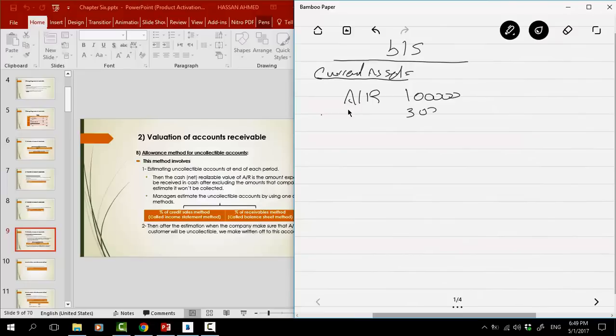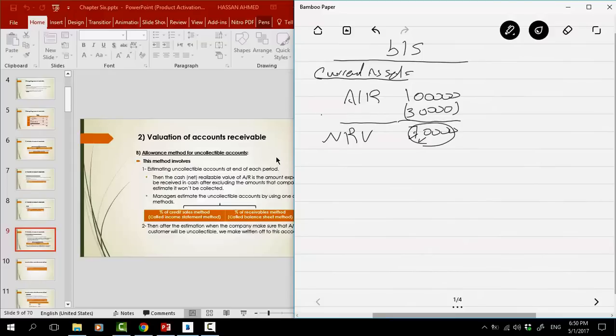I'm expecting that $30,000 from the accounts receivable will not be collected. Then I'm expecting to collect 70,000. The 70,000 is called net realizable value, the amount expected to be collected.